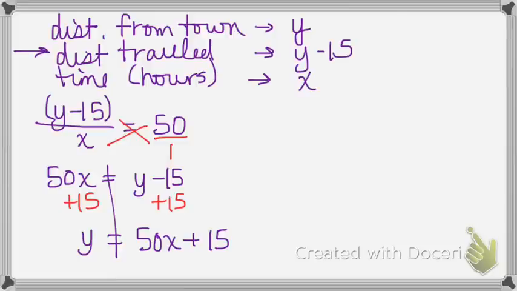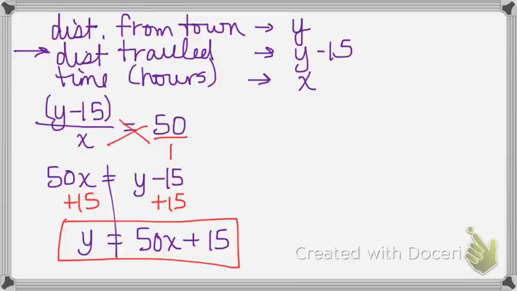Okay, so this equation right here at the bottom, the one we rearranged, can be used to find the distance from town for any amount of time that this person traveled. So here I've got 50 miles per hour times the time plus 15.